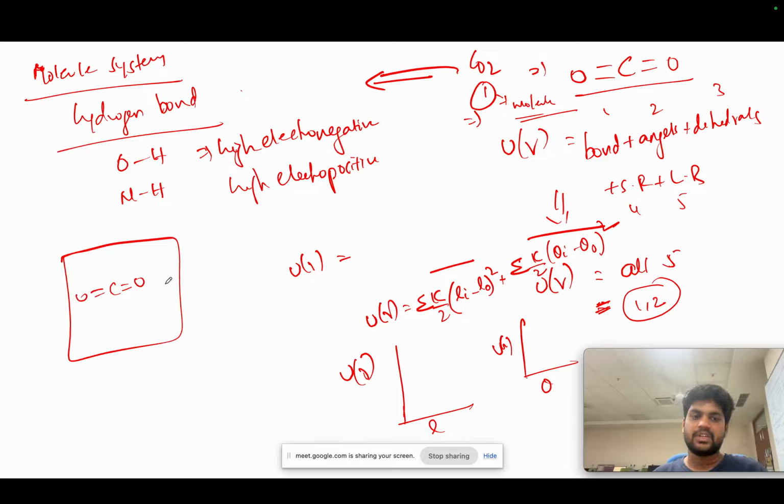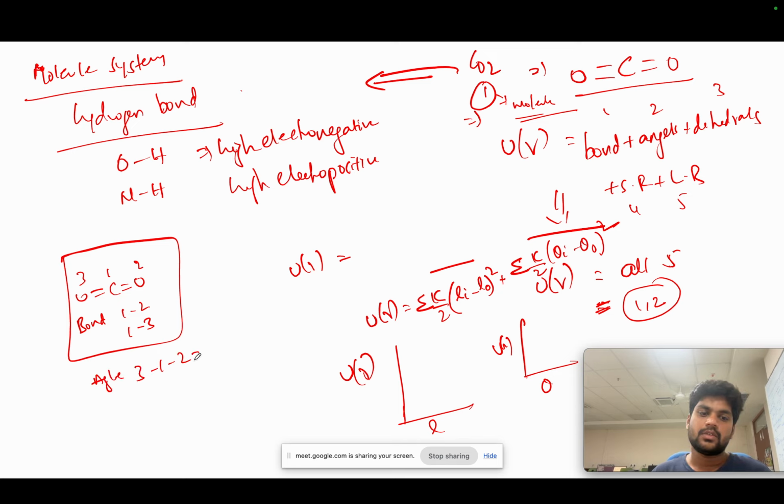In the first microstate it looks like this. Now I am counting the terms: first term, second term, and third term. The bonds you have here are 1 comma 2 and 1 comma 3, and the angle is 312.